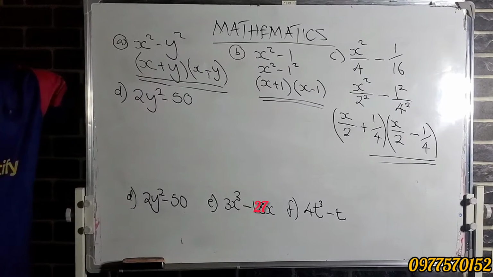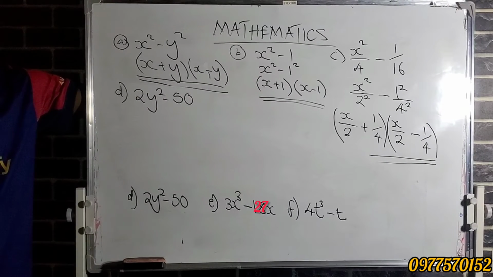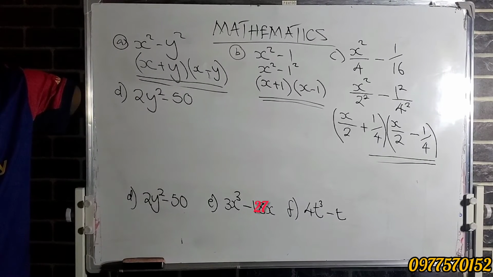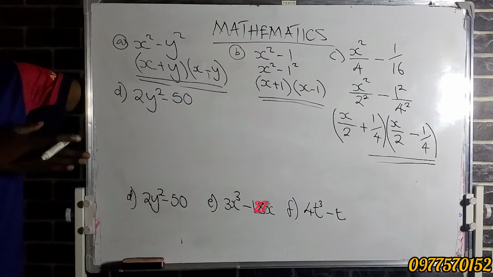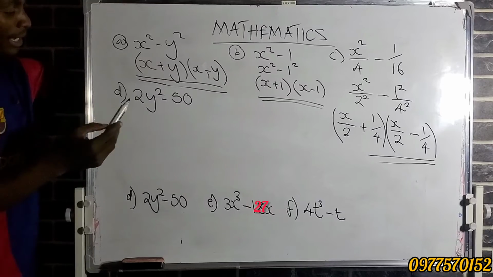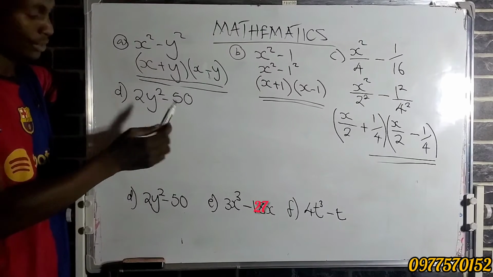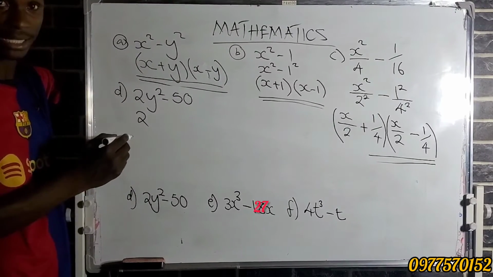So here, you use the first lesson, which is factorizing by common factor. You look for what is common, right? Can 2 go into 50? Yes. So 2 is common, you factorize like this, eh?